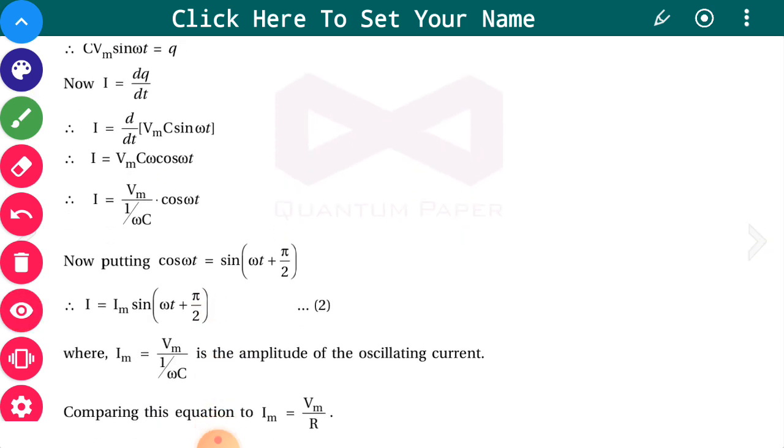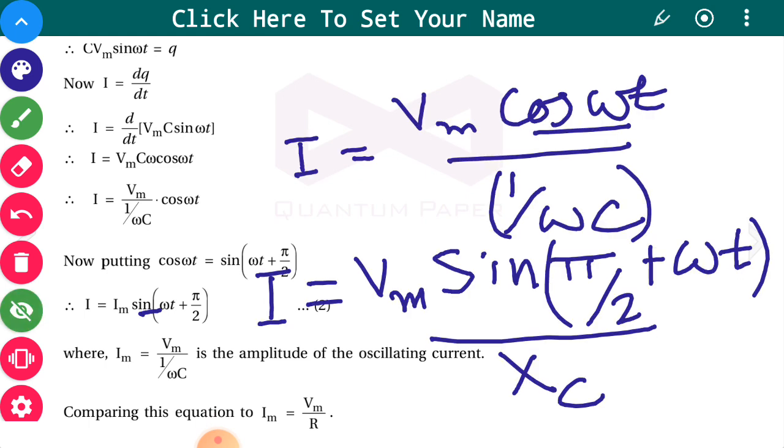And Vm upon 1 upon omega C is taken to be Im. So what is the difference now? See, Vm upon 1 upon omega C, or we can say Vm upon Xc, is taken as Im.